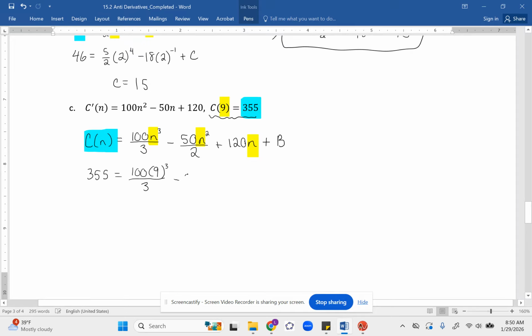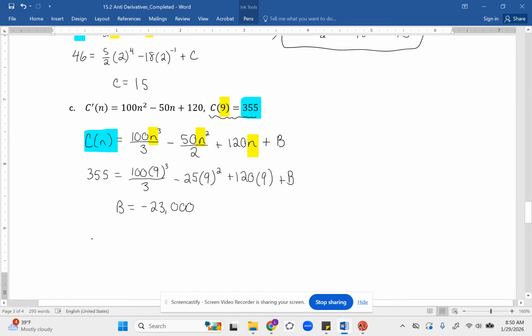I'm going to go ahead and simplify that to 25, but I still have n squared plus 120 times n plus b. And if I did this correctly, I think you should get b equals, I hope I did, I got b equals negative 23,000.